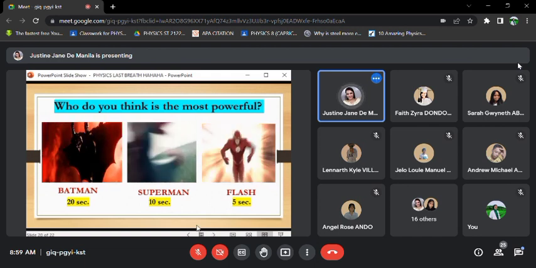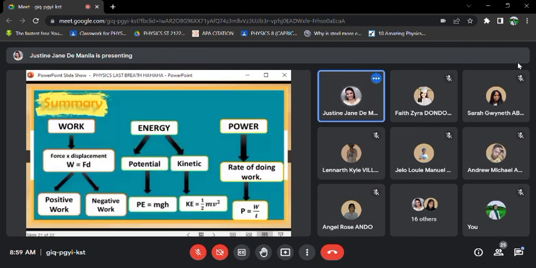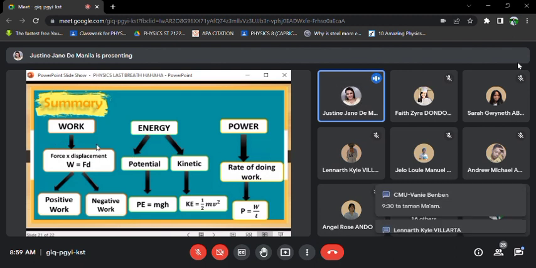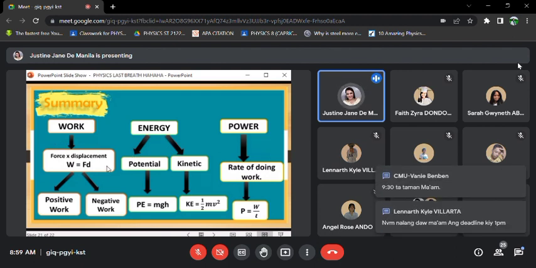So, I hope that you've learned a lot. Okay? So, for this summary, class, we discussed work, energy, and power. Work is the application of force on an object and the displacement of that object caused by the force.